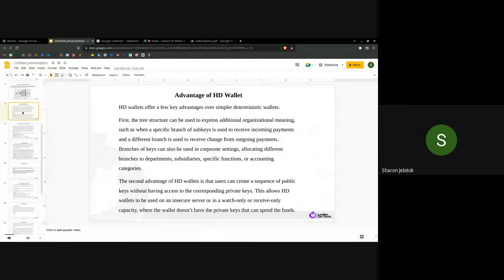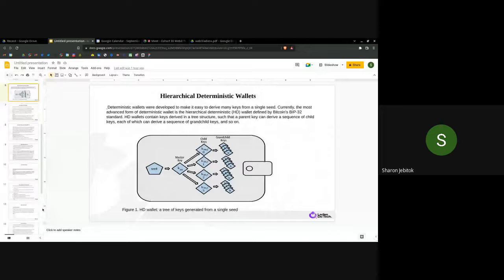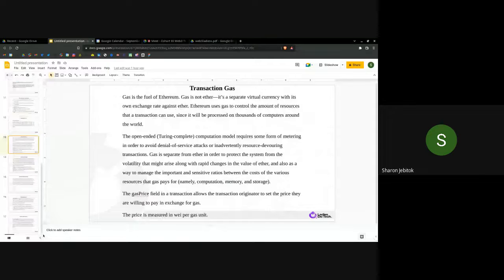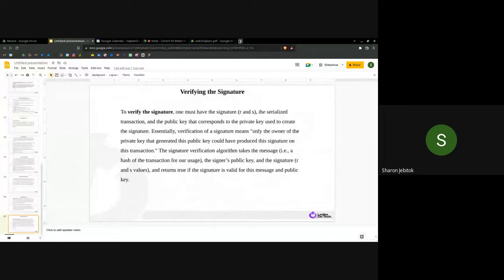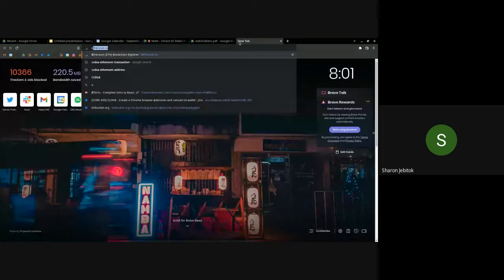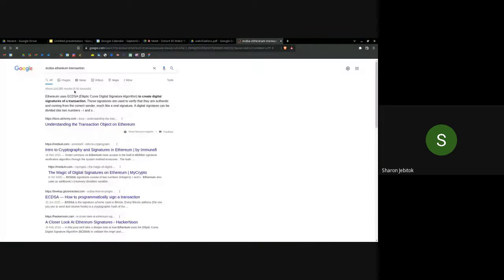You remember when we were seeing the V and R, there was this ECDSA, which is the algorithm for creating the digital signatures.